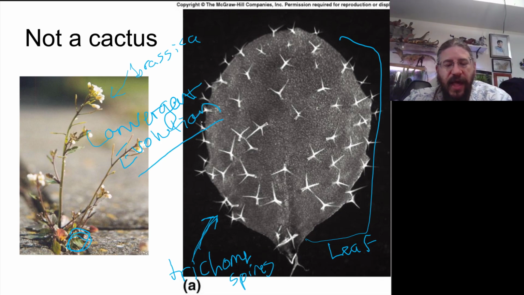Which is pretty cool. They have a similar appearance, a wide, flattened photosynthetic surface with spines on it for defense, and they grow in similar crappy environments. But in the case of this brassica, it's a leaf with trichome spines, and in the case of a cactus, it's a modification of the stem with leaf spines. Pretty cool.